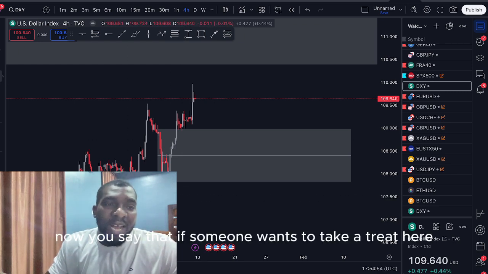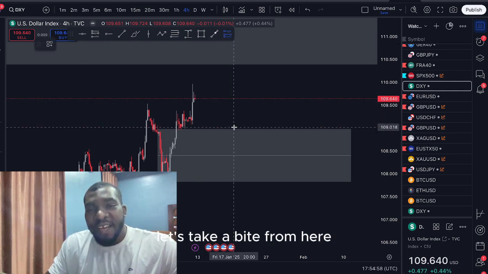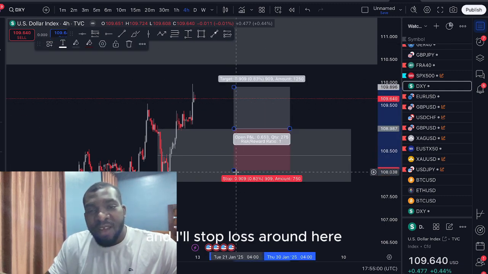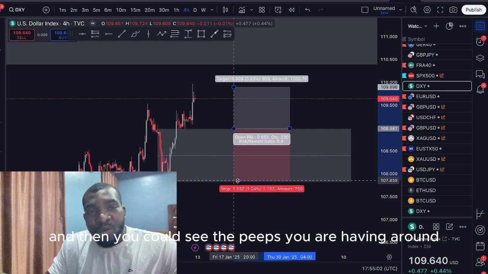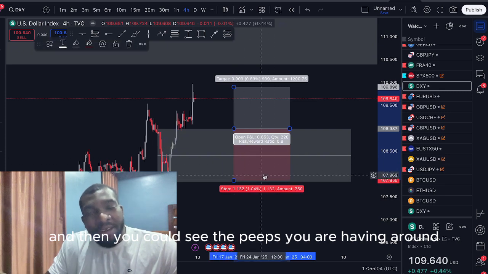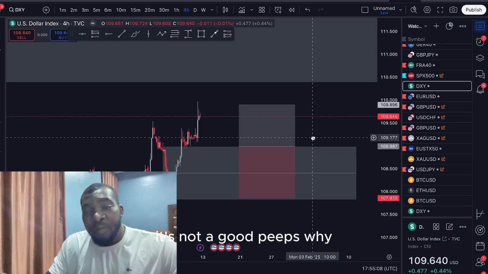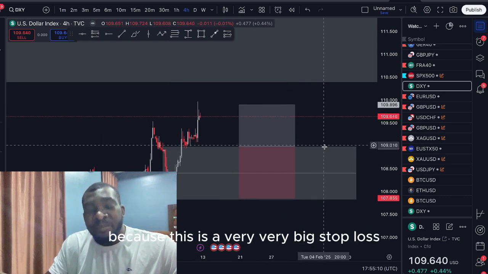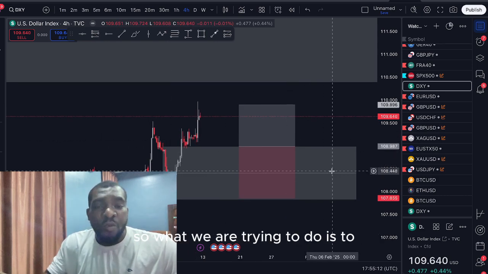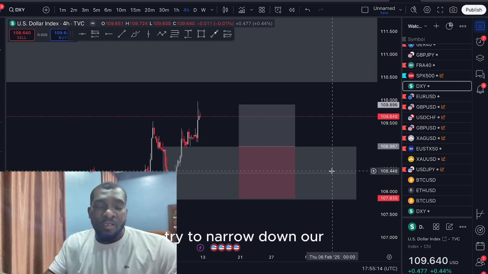Now if someone wants to take a trade here and says, okay, let's take a buy from here and our stop loss around here, you could see the pips you are having around here. It's not a good pips, right? Why? Because this is a very big stop loss. So what we are trying to do is to narrow down our stop loss in order to get a perfect entry.